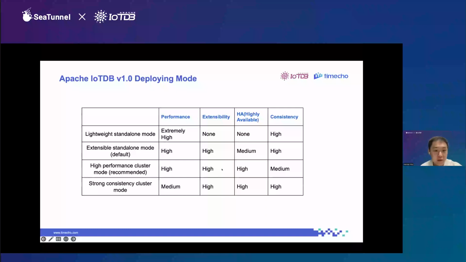For the default mode, we support the extensible standalone, which has higher performance, higher extensibility, and supports high availability. And for cluster mode, we have a high performance cluster mode, which is recommended by our people. And we also support the strong consistency cluster mode.